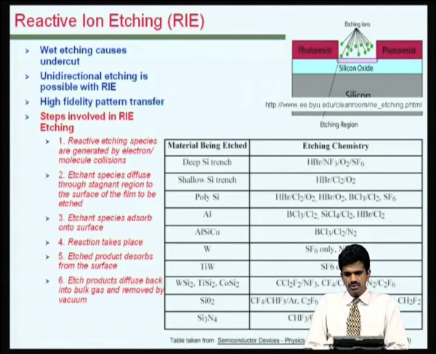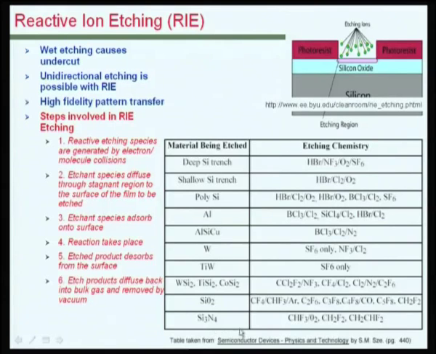This can be used for patterning thin films and low aspect ratio geometries on silicon. Various materials could be patterned by suitably choosing the etch chemistry and the gases used within the chamber.